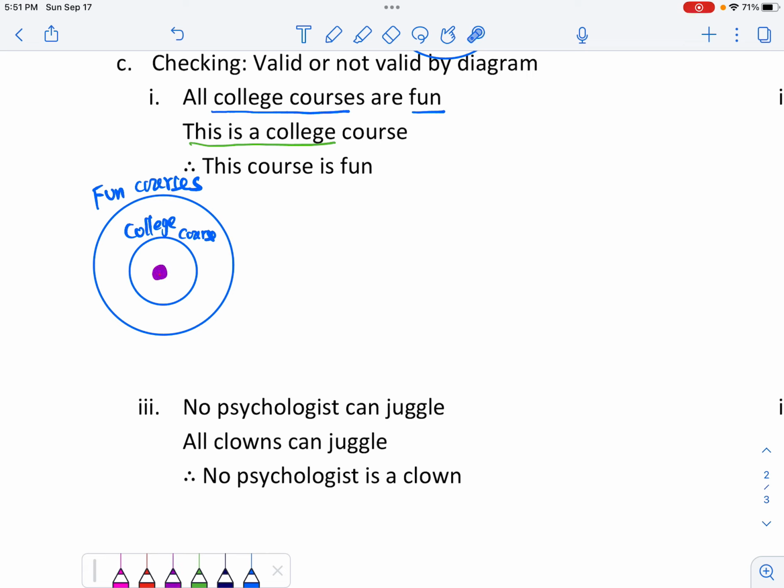It should be drawn inside this circle. And look at the conclusion: this course is fun. Definitely, because this purple point, which represents this course, is inside the fun courses. So we can see that this is true. So this is a valid one. So just by visualizing such a scenario, we can make a conclusion.